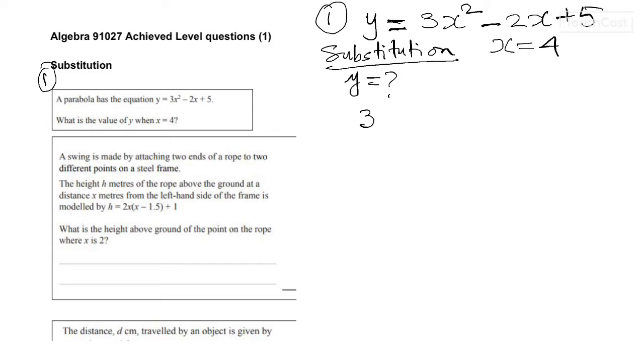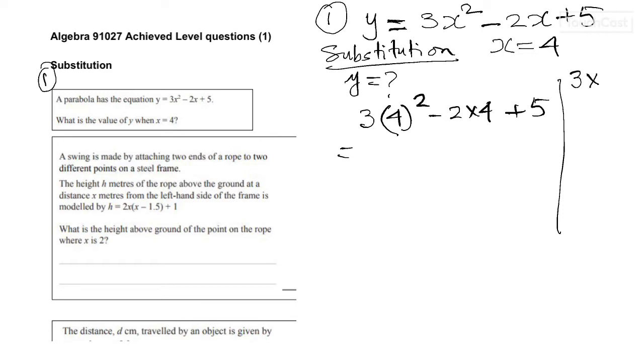Once again we have to be very cautious with x squared, and we don't have much problem because x is a positive value. Had it been a negative value, we would have to be very cautious. Remember that, please. There is no calculator, so you have to do it part by part. 4 times 4 is 16. 3 times 16 is 48.